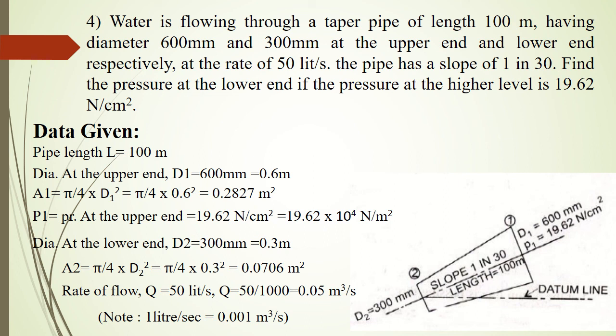To avoid one unknown, I will make sure one end of the pipe is on the datum line, so that you can avoid either Z1 or Z2, because it is bent upwards. So I'll take section 2 at the datum line, so Z2 is going to be 0. Only have to find out Z1, right?